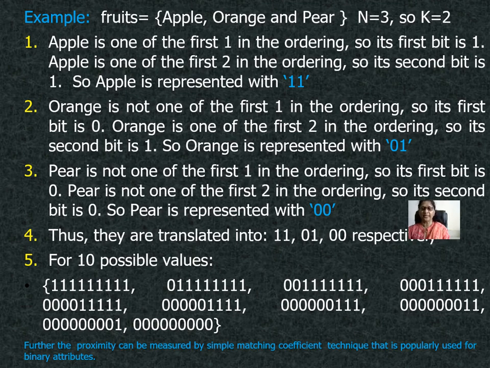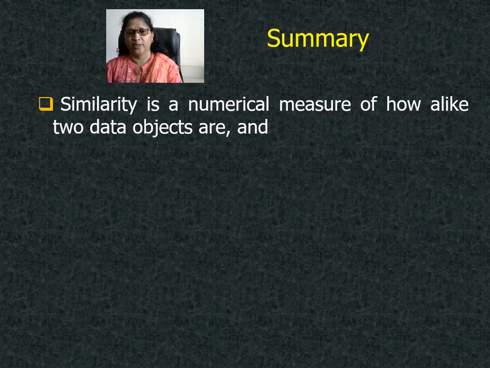Further, proximity of such attributes will be computed using the simple matching coefficient technique, which is generally used for computing proximity in binary attributes. This proximity computation for binary attributes we shall learn in the next video. So this was enough for this particular video.